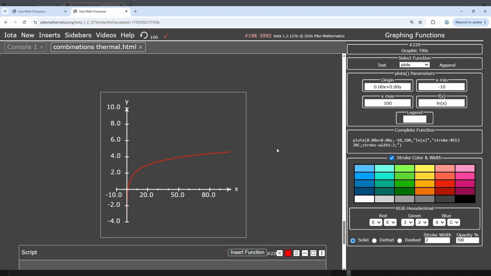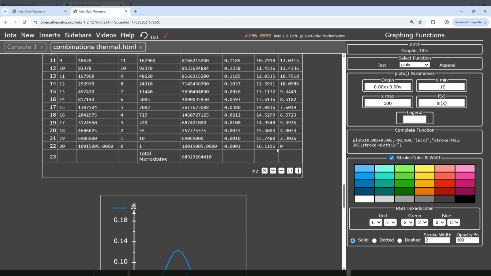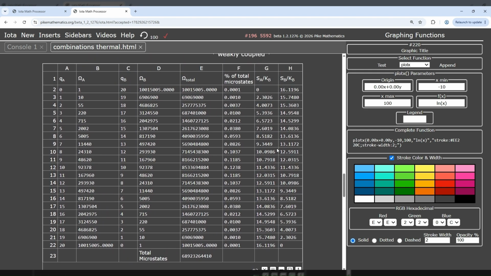And so let's look at what happens in the other scenarios for our example. You can see that A continues, as long as you put more energy into A, to gain entropy. And as B loses energy, it's losing entropy.